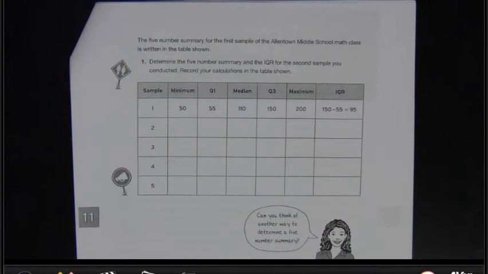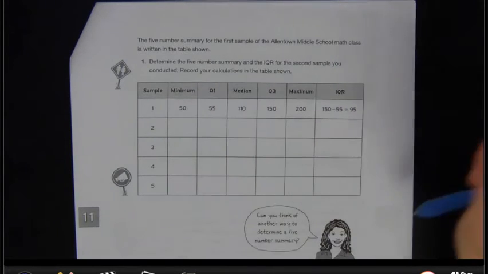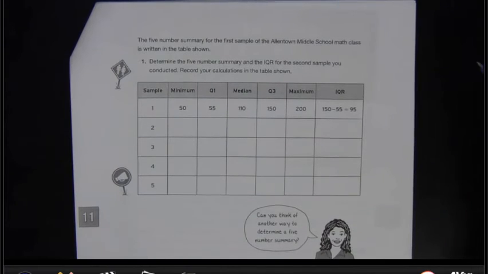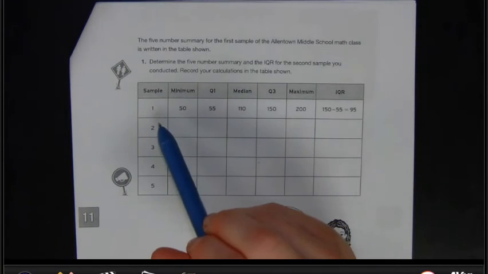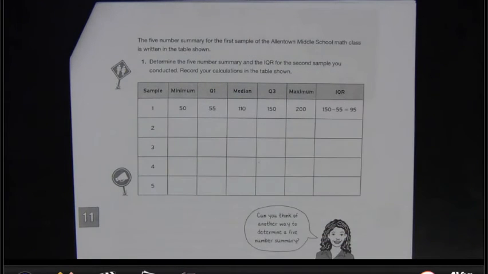If you would, please, we're going to fill in our 5-number summary here for the IQR for our second sample. You record your calculations in the table shown. So if you would, please go ahead and pause, and I want you guys to find the minimum, median, maximum, Q1 and Q3 for my 4 data sets, or if you did yours, for your 4 data sets.